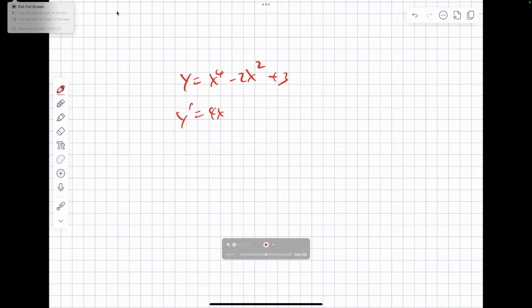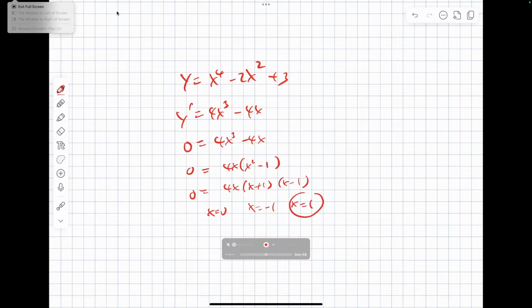That's what you want. For 2B, set the derivative equal to 0 and check on decimals. Those are the places where you have peaks and troughs. You don't find the coordinates, only x.